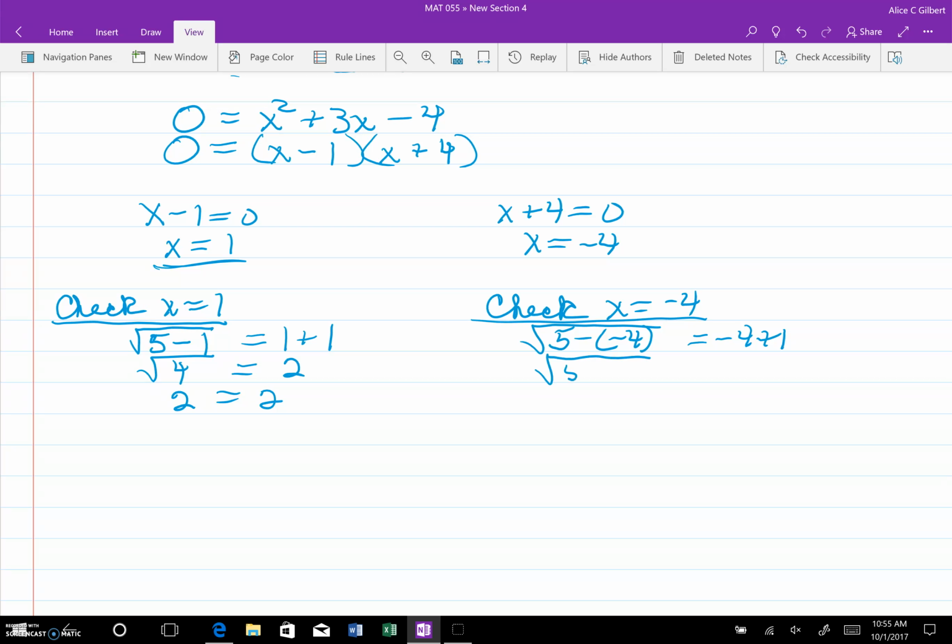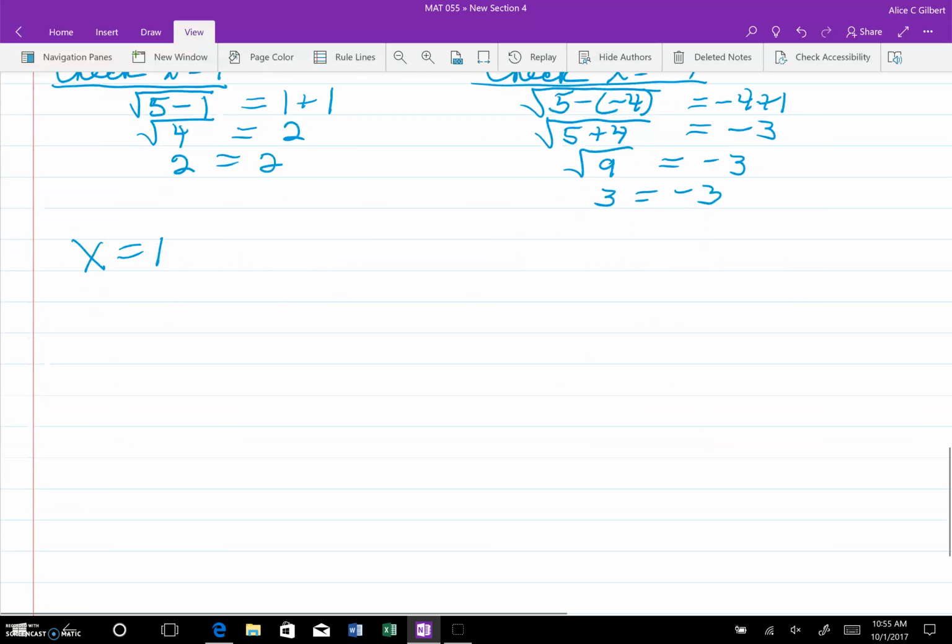So this is the square root of 4 plus 5 plus 4, 5 plus 4, and this equals negative 3. So this is the square root of 9 equals negative 3. That's 3 equals negative 3. So this one doesn't work. So my final answer is just x equals 1.